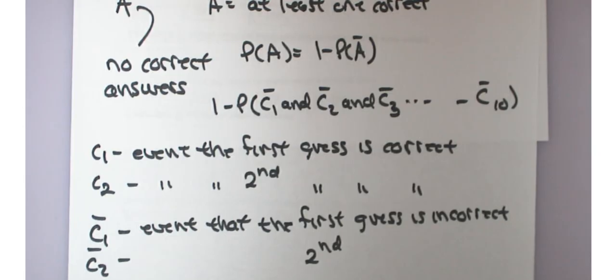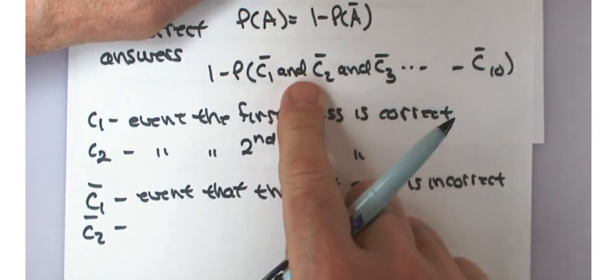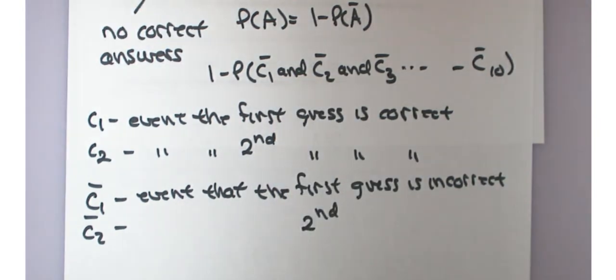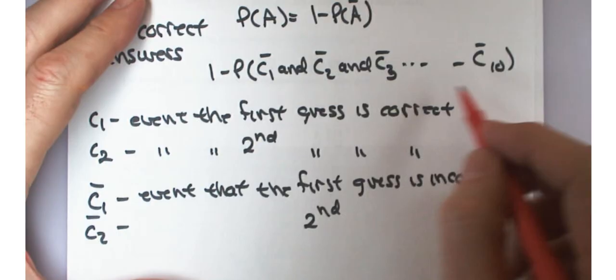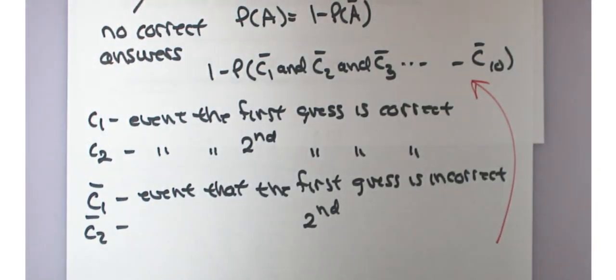All right. Now we've got to think through something carefully. If you guess wrong on the first one, does that change your probability of guessing wrong on the second one? Or the third one? No. So these are independent events.